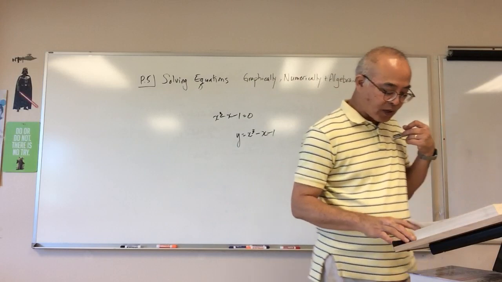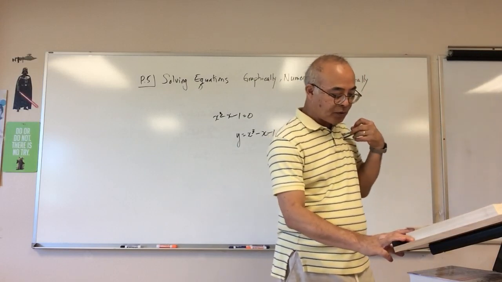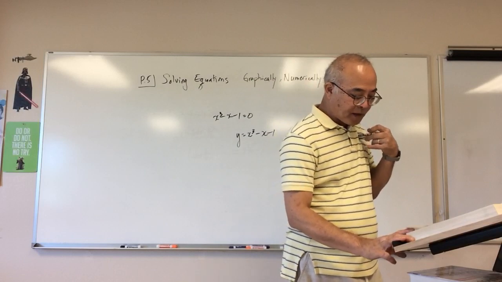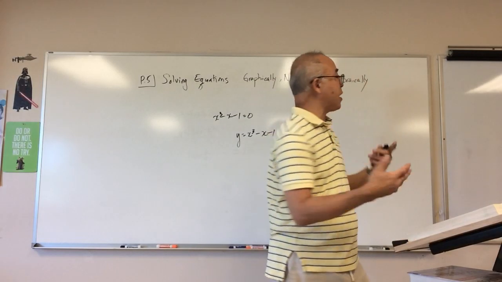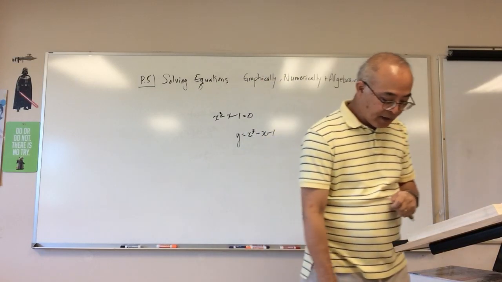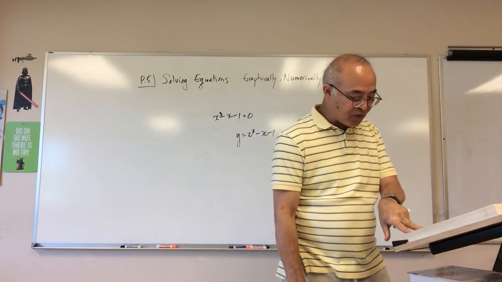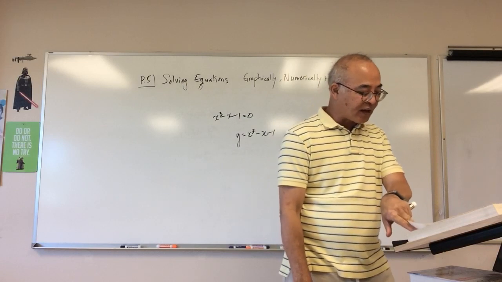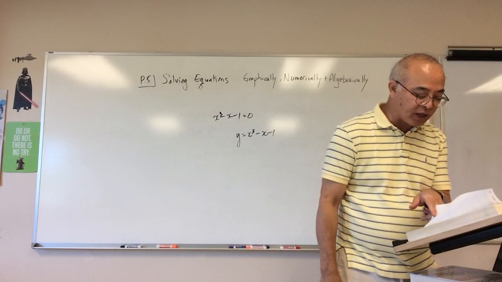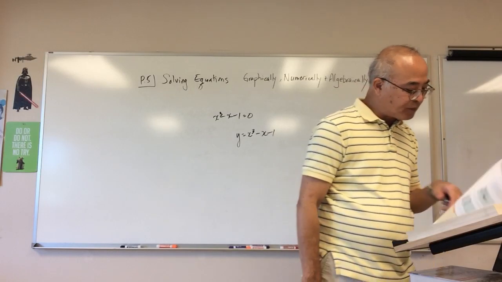Approximating solutions of equations numerically with tables. Solving using a table is numerical, so we're talking about how you do this numerically. All right, you would graph it first and find out kind of where it's at. And you can look at it and it looks like it's in between 1 and 2.